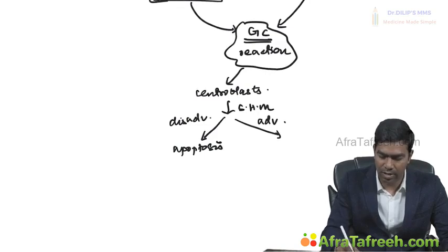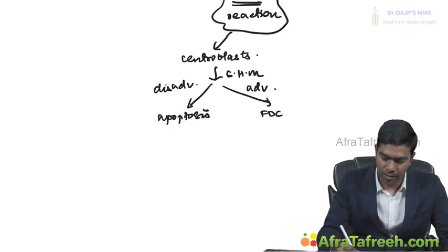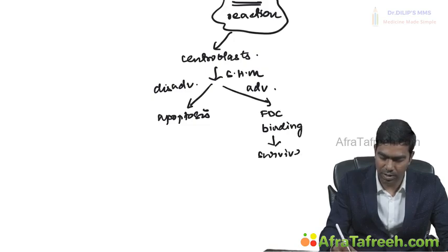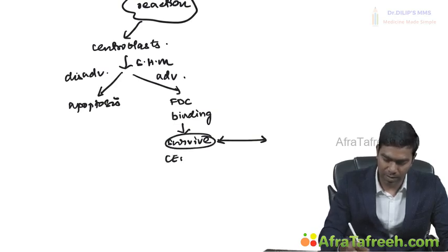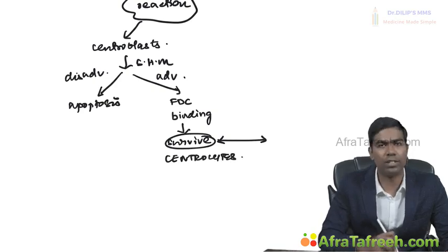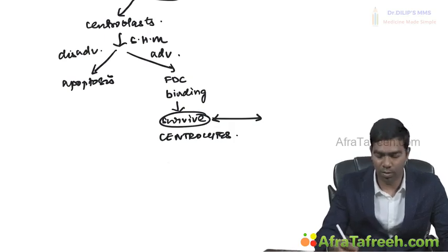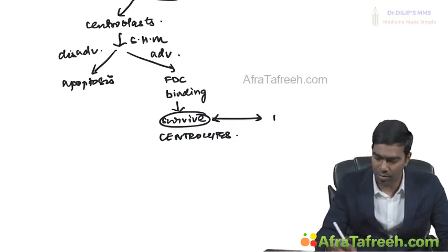If it's an advantageous mutation, they bind with the follicular dendritic cell and they survive. Once again, they need T cell help, and the survived B cells we will now be calling centrocytes, which enter the light zone. Now these survived centrocytes are going to again get this follicular T helper cell.